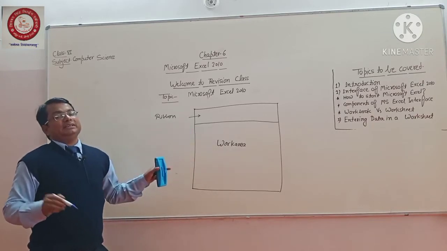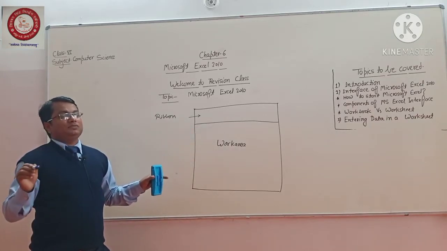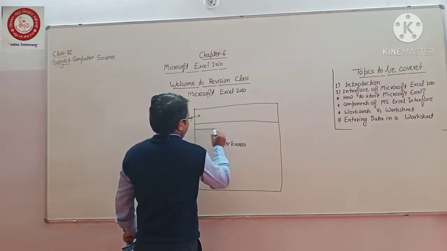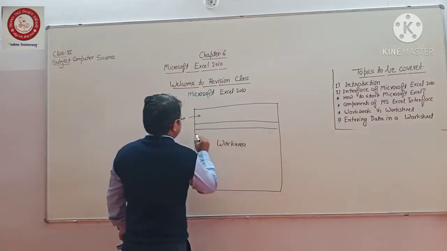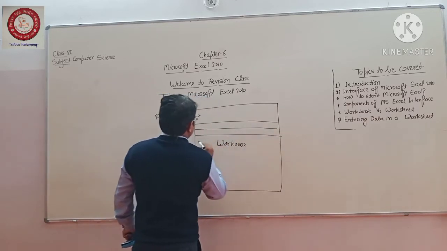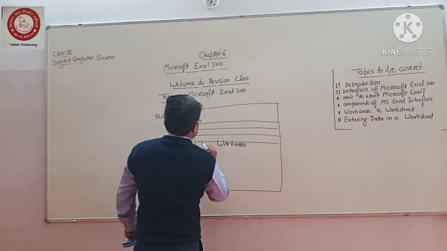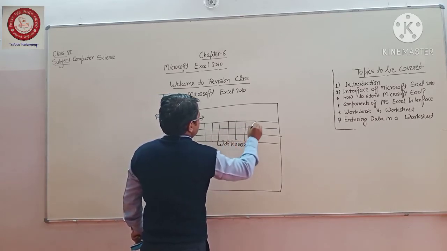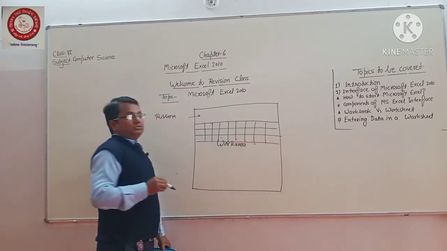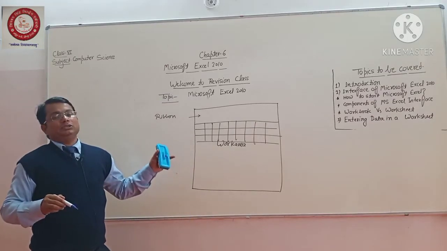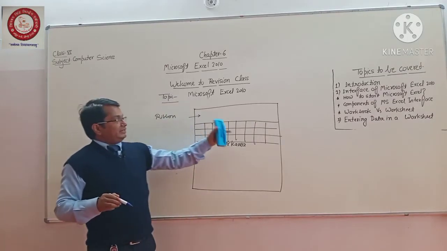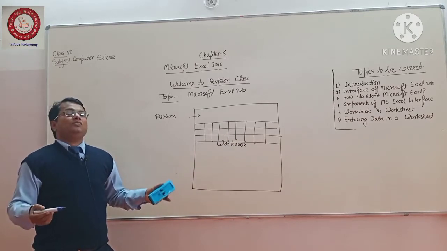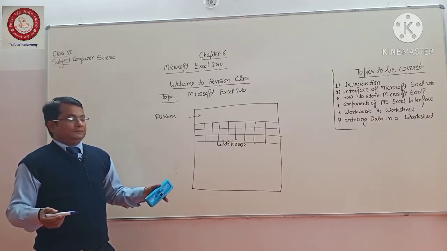This work area is divided into several rows and several columns, like this. These are the columns. So the work area is below the ribbon, and once it appears like this, you can say that this is one kind of worksheet, right?